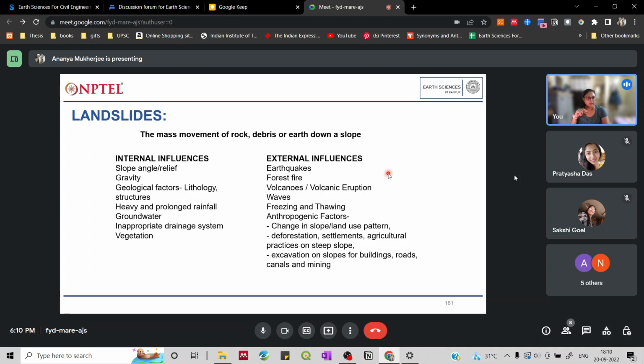Earthquakes, as we have studied before, occurring against a fault will cause a great ground movement, and due to that movement, wherever there are already some weak planes or areas which are prone to landslides, they will probably slide off the slope. And volcanic eruption again causes a great amount of ground shaking, which will again cause loose soil or loose material somewhere to slide off.